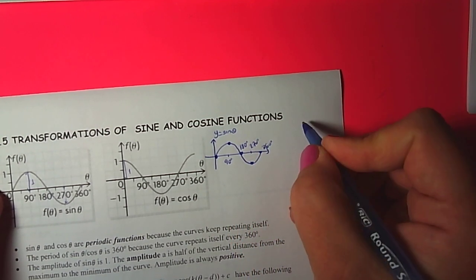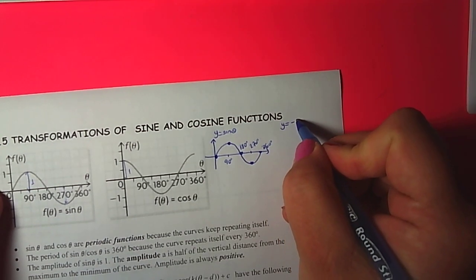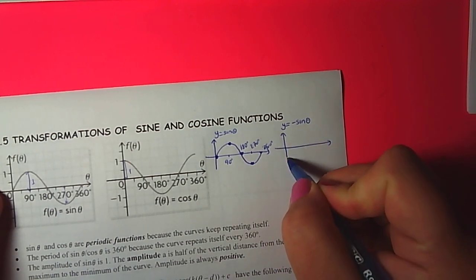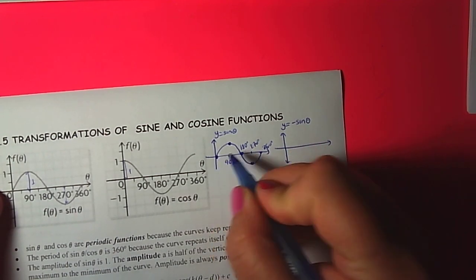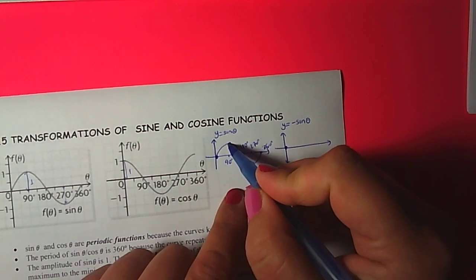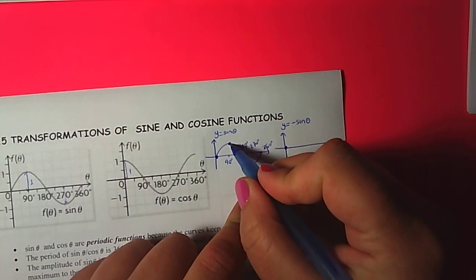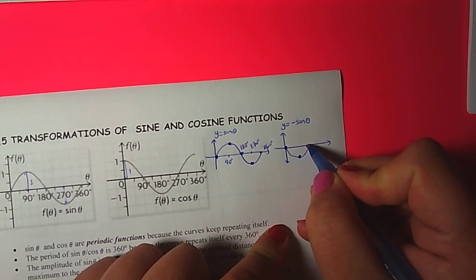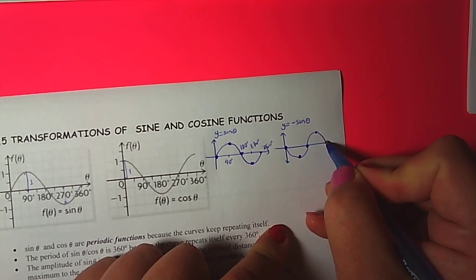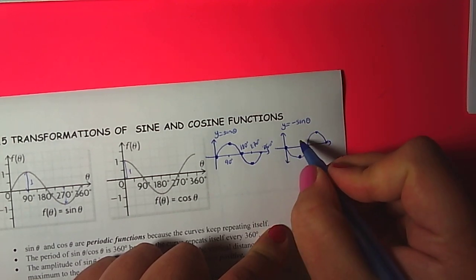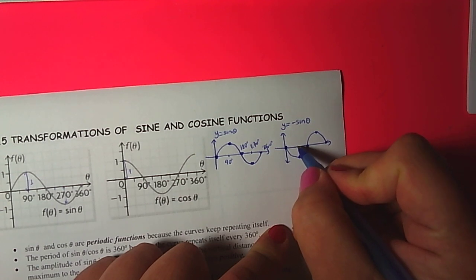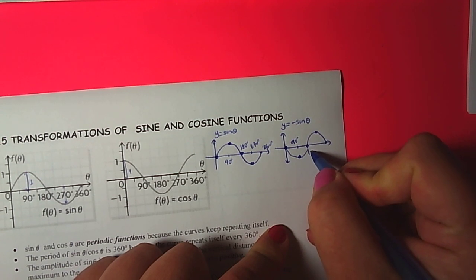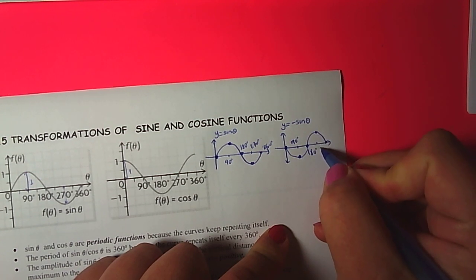So if we have y equals negative sine theta, there's a reflection in x-axis. So we again start from a 0, but then when there's a reflection, instead of going to a maximum, we will go to the minimum. So minimum, 0, maximum, and 0. So that would be one full period for negative sine theta. And again, those key points happen every 90 degrees.